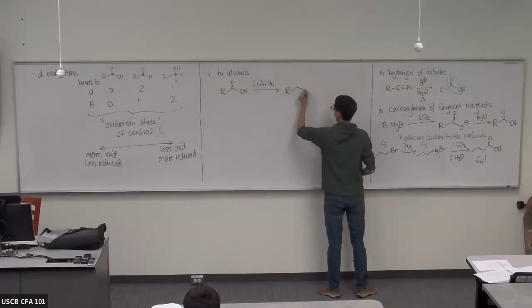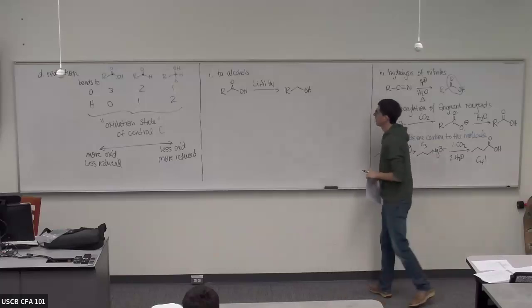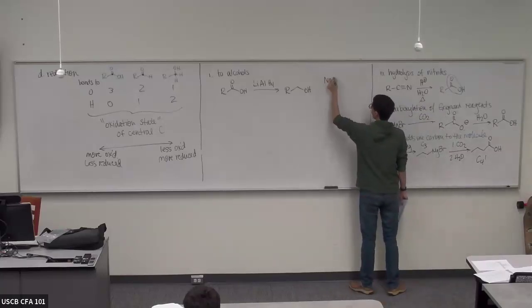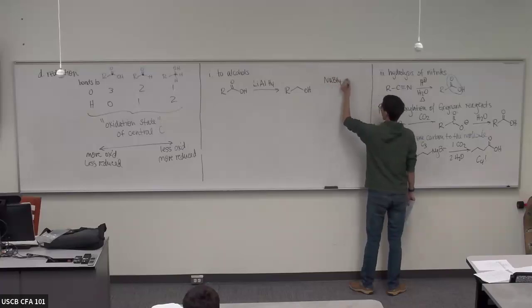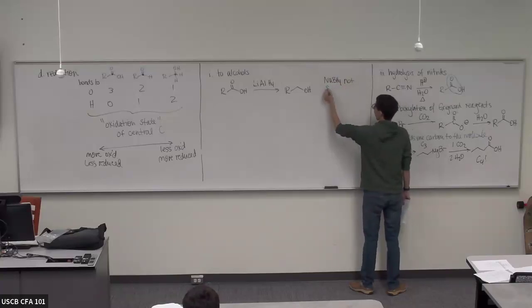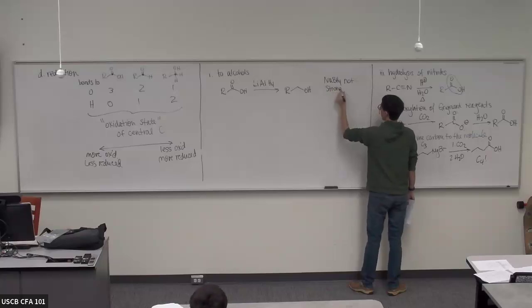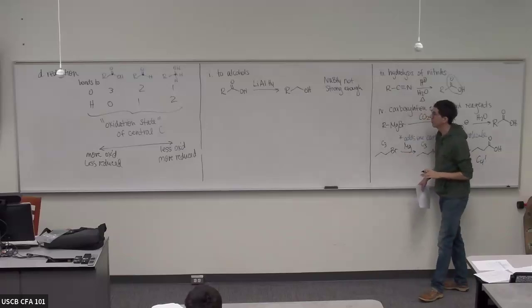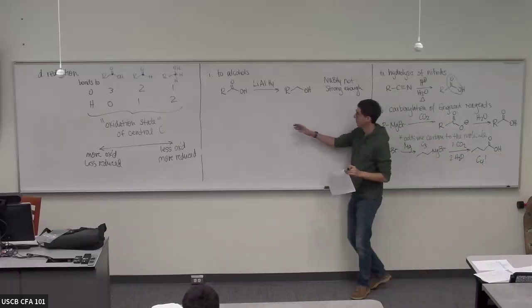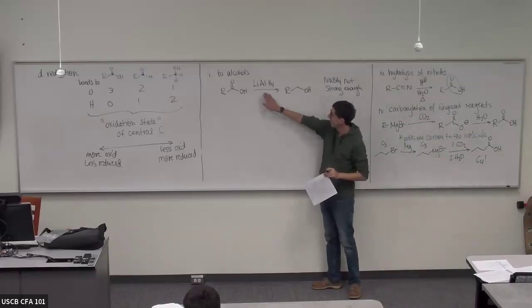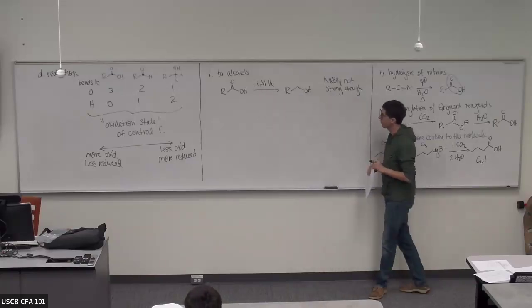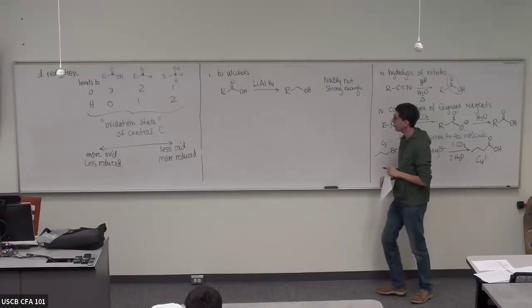That's going to give you the alcohol. We can't use NaBH4 here. Not strong enough. And additionally, you cannot stop at the aldehyde. So this has to go all the way to the alcohol.